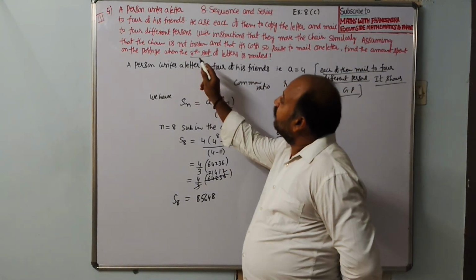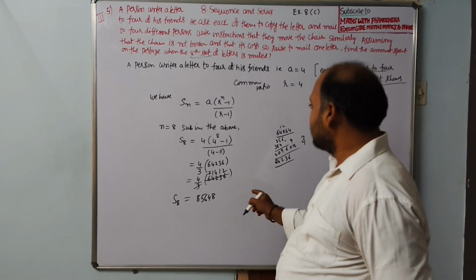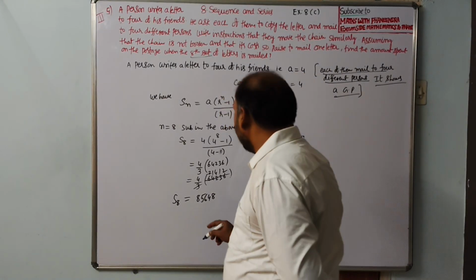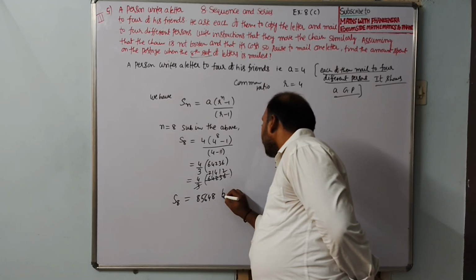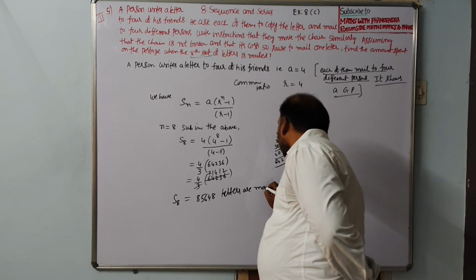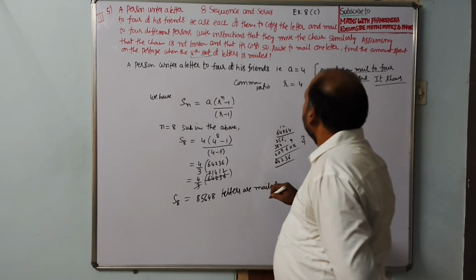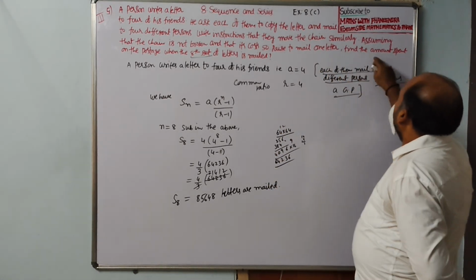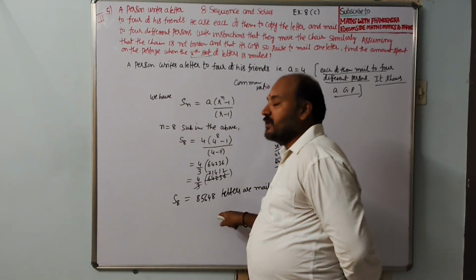So, the eighth set of letters is mailed. These many letters are mailed. But they are asking to find the amount spent on this postage.